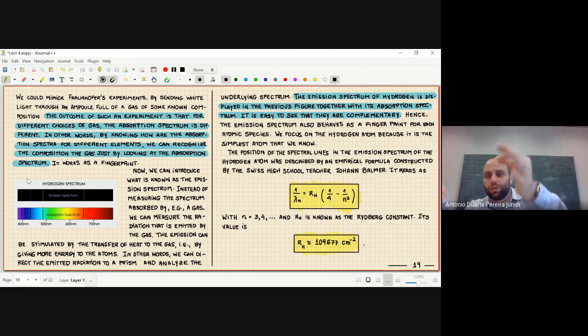So I can tell you what material you are heating up just by looking at the spectral decomposition of the light emitted by this material, or the absorption spectrum, namely, if I pass light through this material, I will know what colors this material will absorb. Okay?